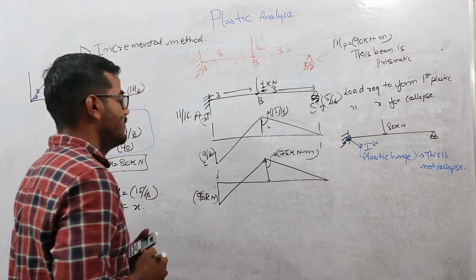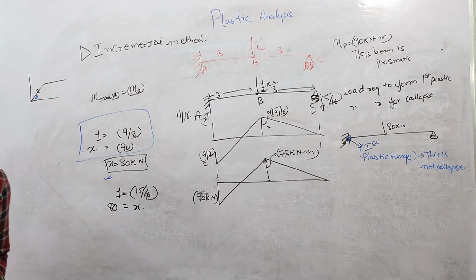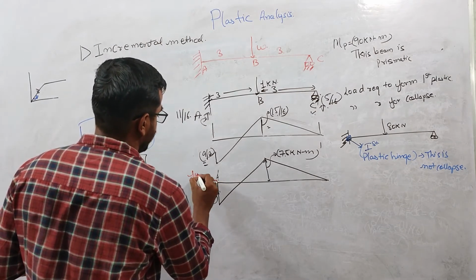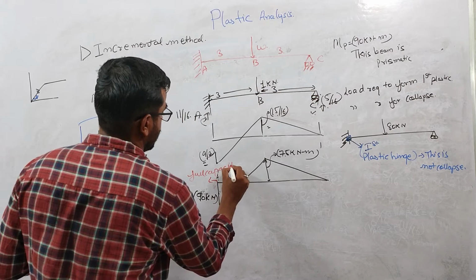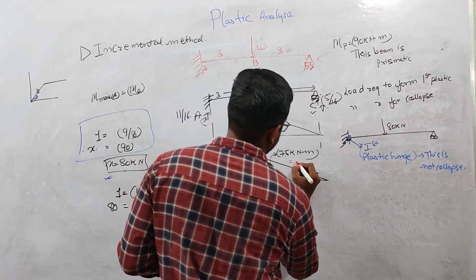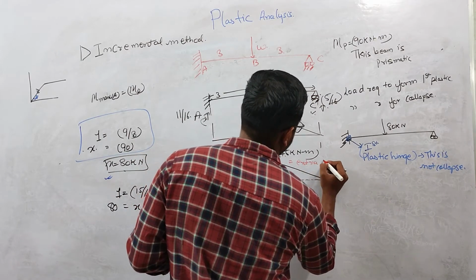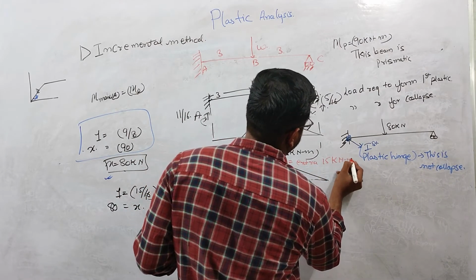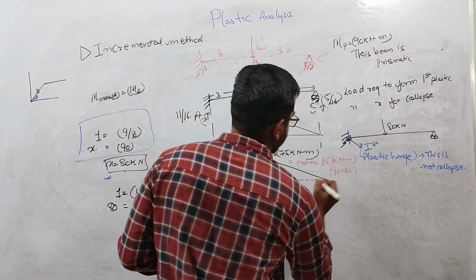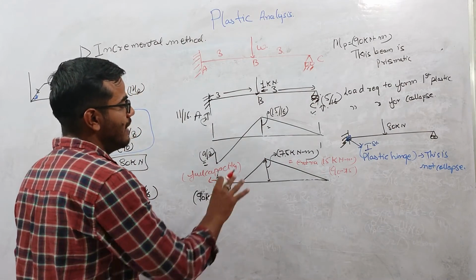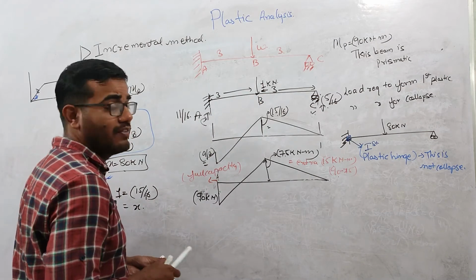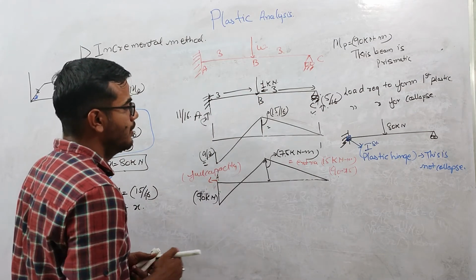Now we'll see a very important thing. This portion has reached its full capacity. The maximum capacity is 90, and 75 is already there after applying the 80 kilonewton load, so this section can take a maximum of 15 kilonewton meter more moment.